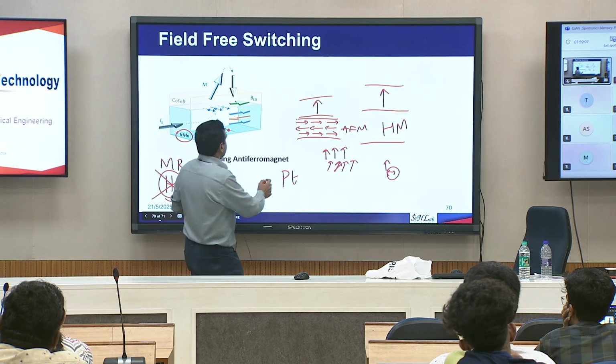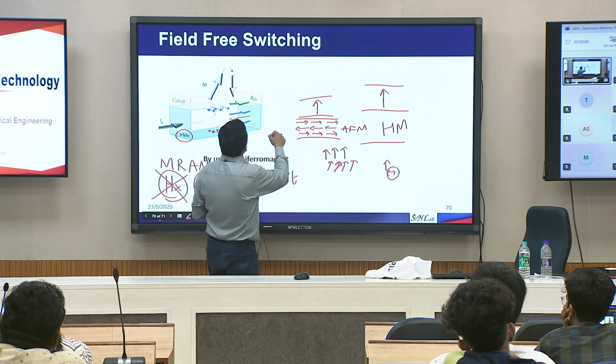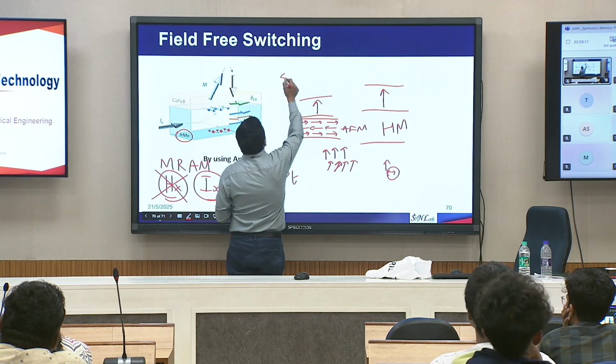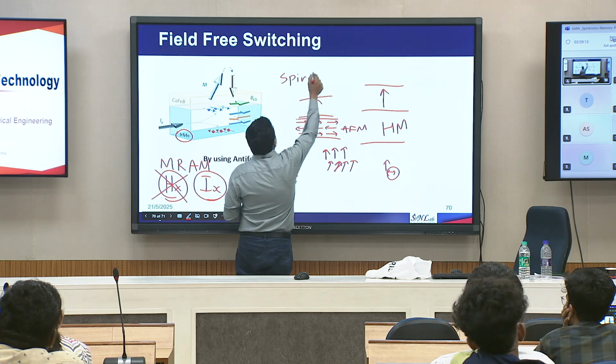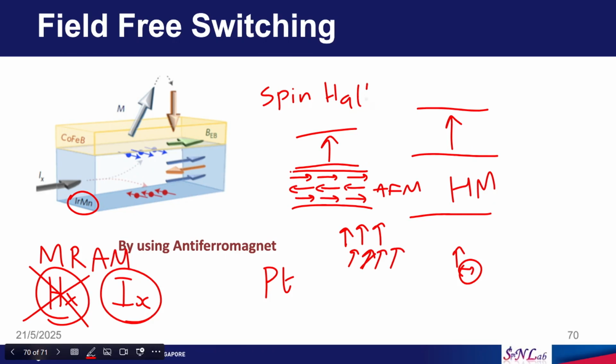There is a lot of research on which is the best material to have spin Hall effect. People normally use platinum, tungsten or tantalum. These are standard materials when you just want to focus on other aspects, where spin Hall effect is one mechanism that you use.